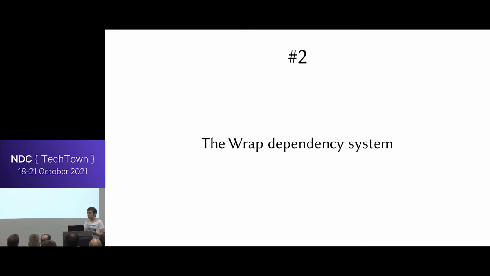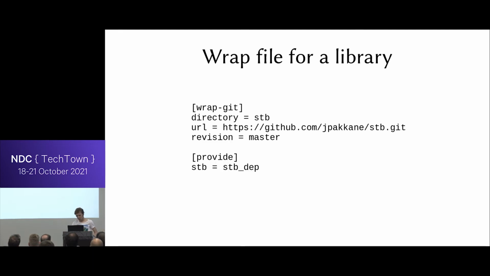And then the second thing is that you need to have a dependency system. We have this. This is called wrap. And here's an example of how you would use a different project directly from Git. So there's some bookkeeping information, but basically it's just at this URL, there's a Git repository, get that. And when you configure it, inside of that project is a variable called stb_dep.